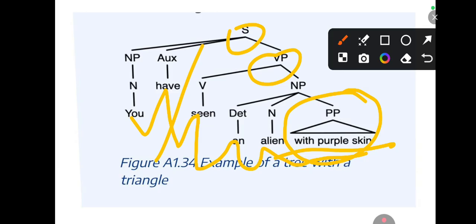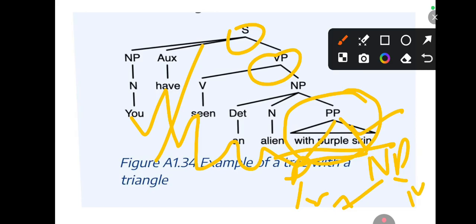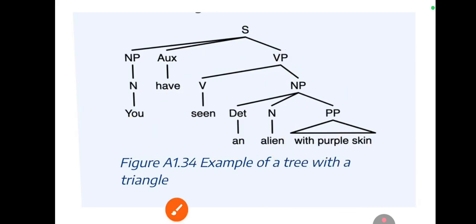Everything is fine, but as far as this triangle is concerned, it is an abbreviation of that analysis, right? Sometimes a shortcut, you can say. Why? Because if you analyze it, that's a preposition, so it will be "with", then again "purple skin" is a noun phrase, the adjective, and then the noun "skin". This way also we can do it, or otherwise another way is to describe "with purple skin" this way, as the preposition does. But okay, that is one more for your knowledge.